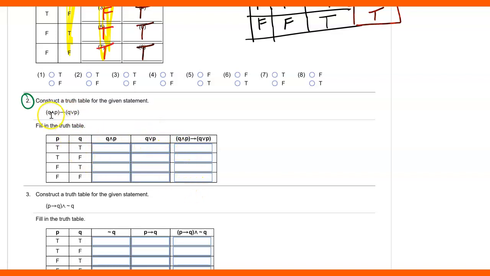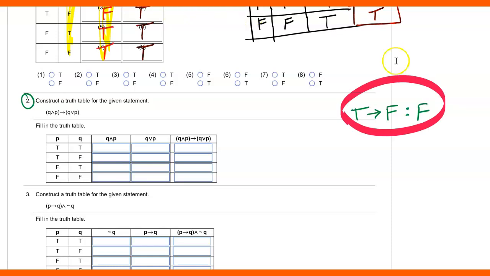Now to construct the truth table, you already have the standard format: P is T, T, F, F, and Q is T, F, T, F. But notice that for the arrow, T right arrow F is F. That's the fact. Other than that, the conditional statement is always true.